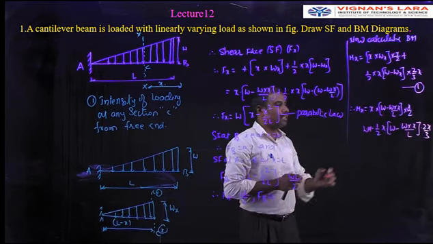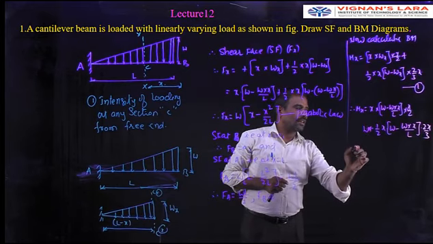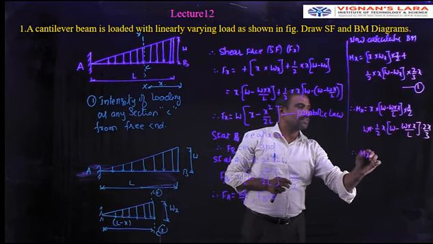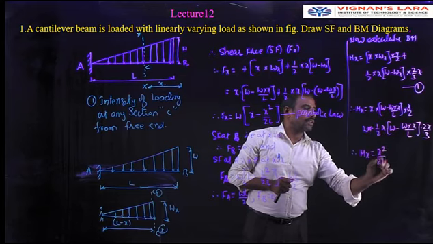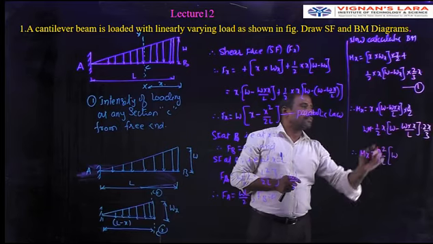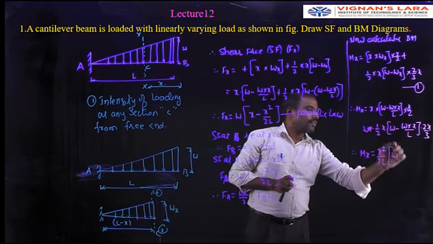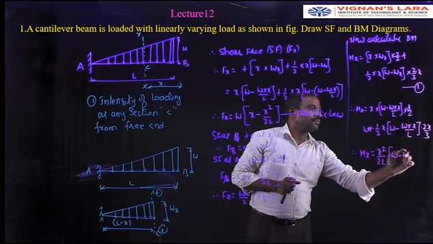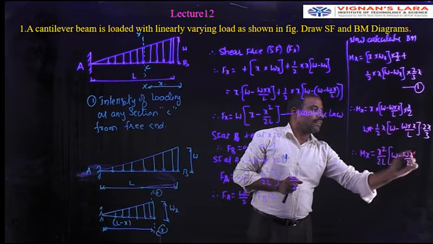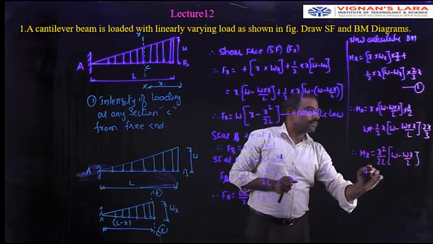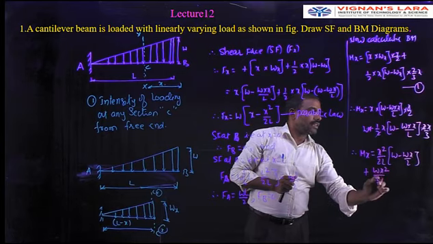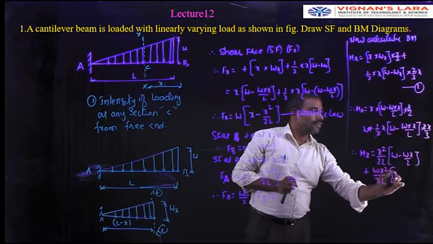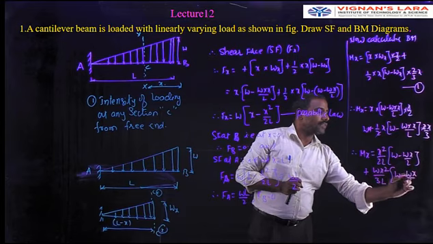Simply substitute, it follows the cubic law. Therefore, Mx is equal to x square by 2L into (W minus W x by L) plus, cancelling, W x square by 3L into (W minus Wx by L).